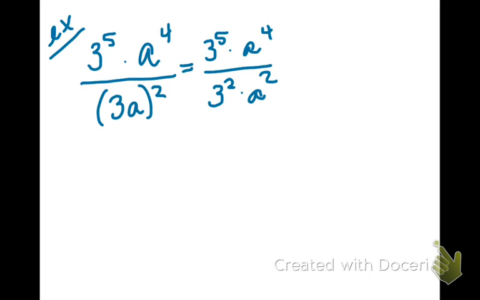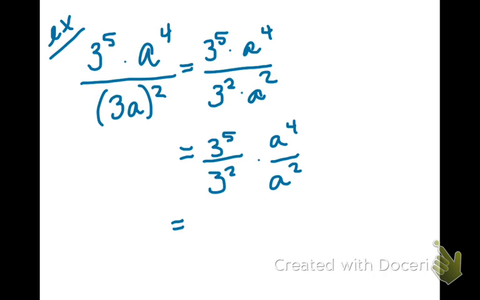Now, just as we solved the last one, we can't combine or add the exponents in the numerator or in the denominator because the bases are not the same. One is a 3 and one is an a. However, if we're looking at the top and the bottom number, we can see that this is really equivalent to 3 to the 5th over 3 squared times a to the 4th over a squared.